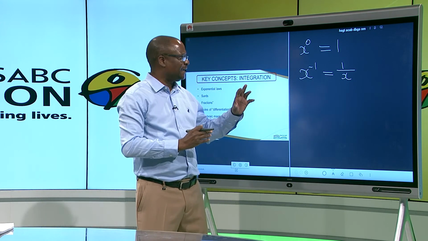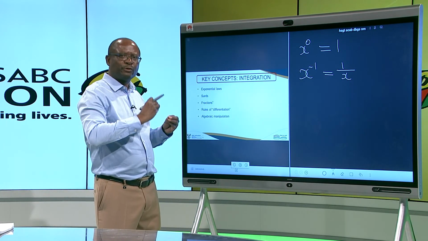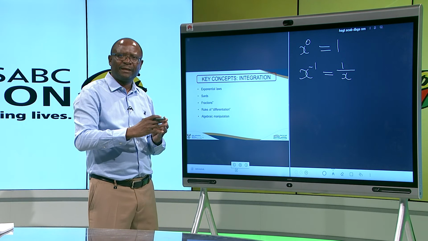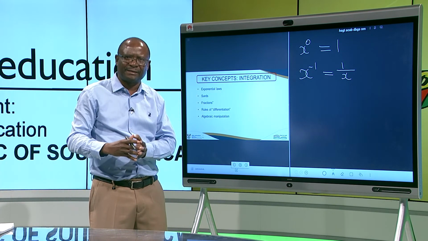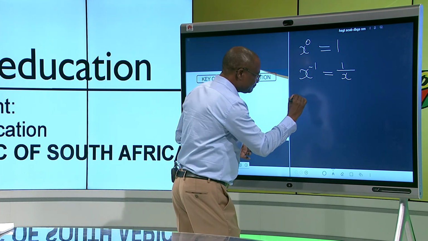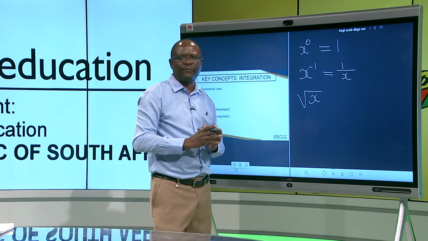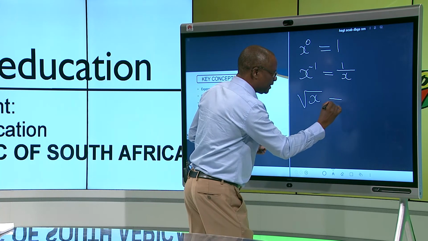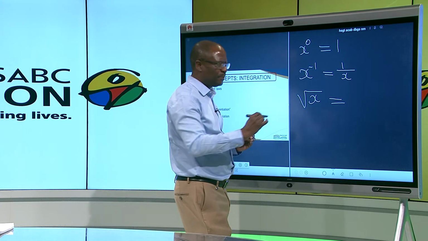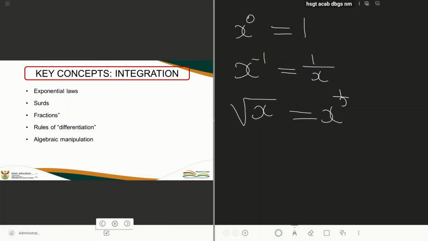Besides the exponential laws, this should also be coupled with surds. You should know all the basic laws of how to simplify surds. For example, if you are given the square root of x, you must know that it must be changed into exponential form, and it can be written as x to the exponent of half.